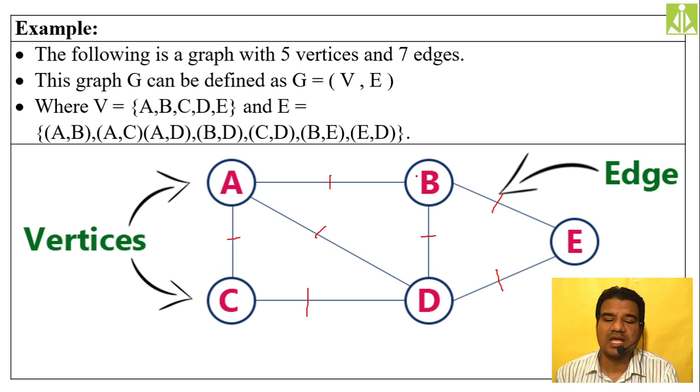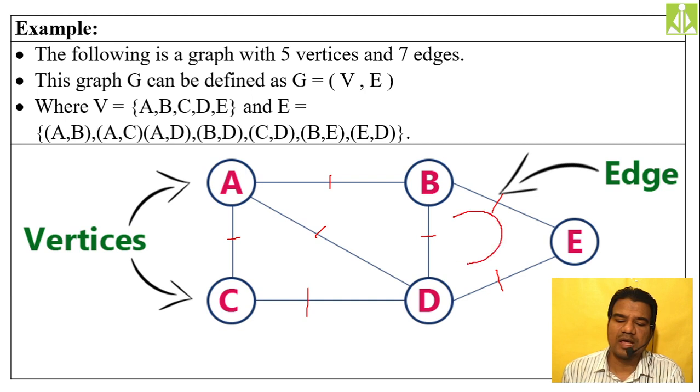So what we said is, if you are starting from node B, in one particular direction, there should not be any possible path where you can reach that same node back. So if I start from B to E, then E to D, then D to B again, I am reaching it back. So it is forming a loop.